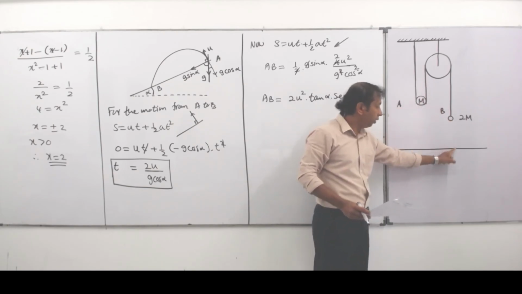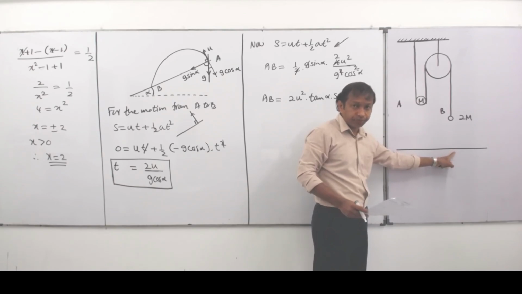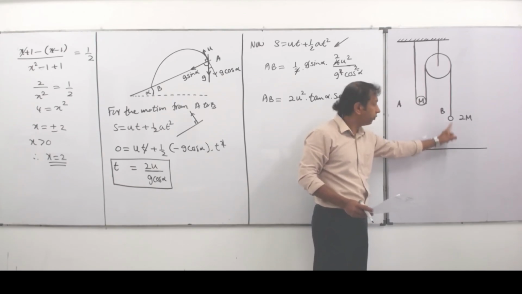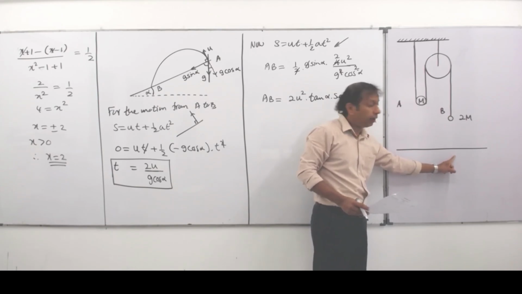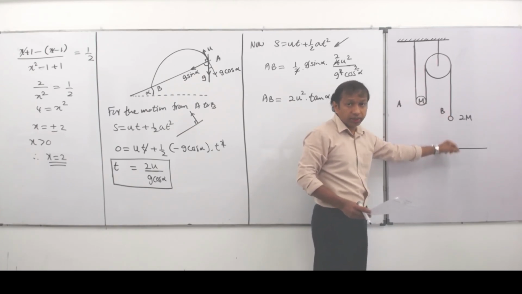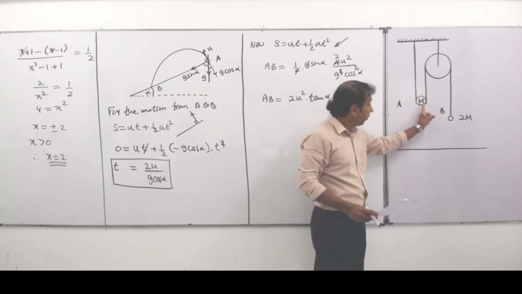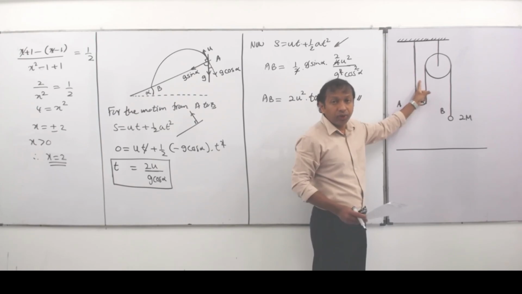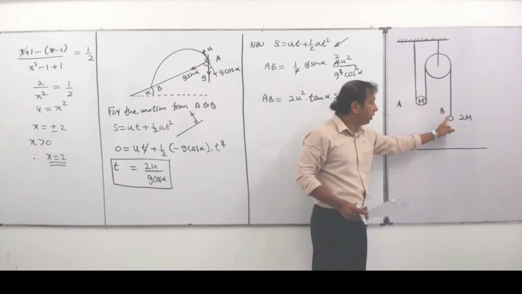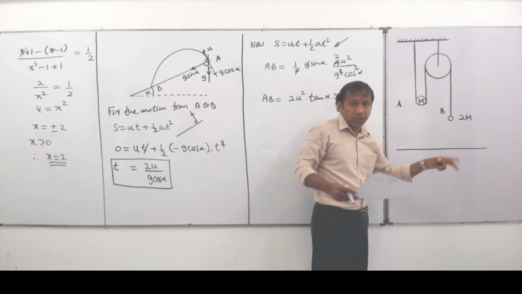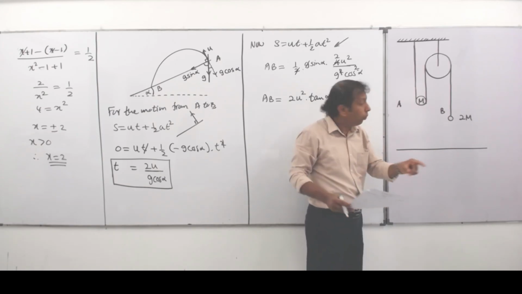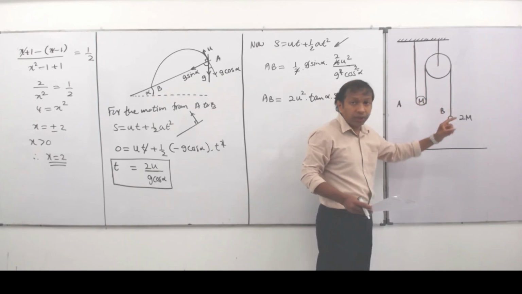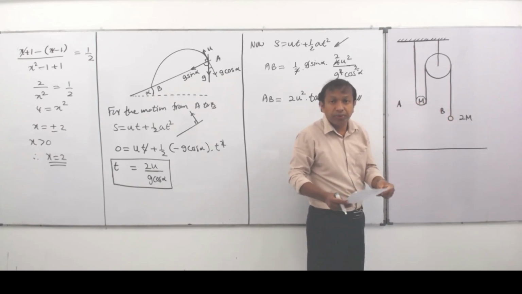At the moment B comes to the ground and hits it, the motion of B is disturbed by that collision. Then suddenly the string slackens. At that occasion, A is moving upwards with a certain velocity. Once B hits the ground, the string slackens and the tension suddenly becomes 0.